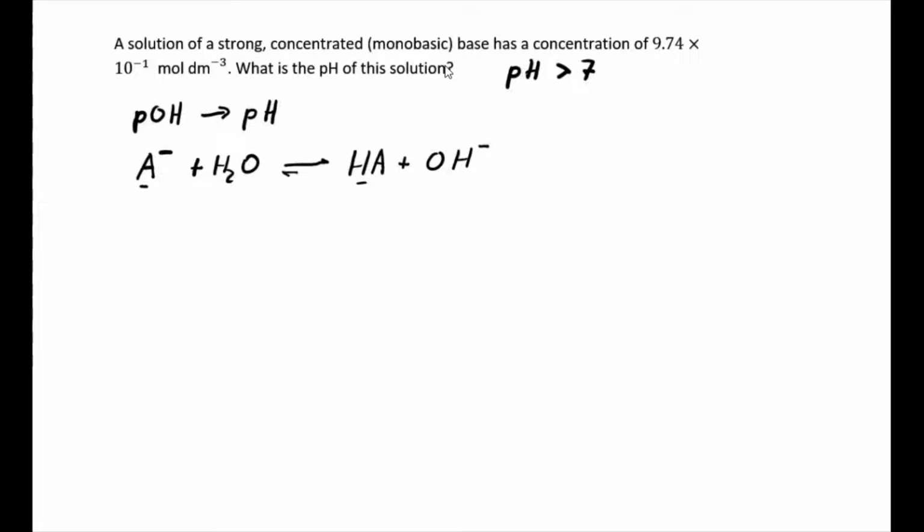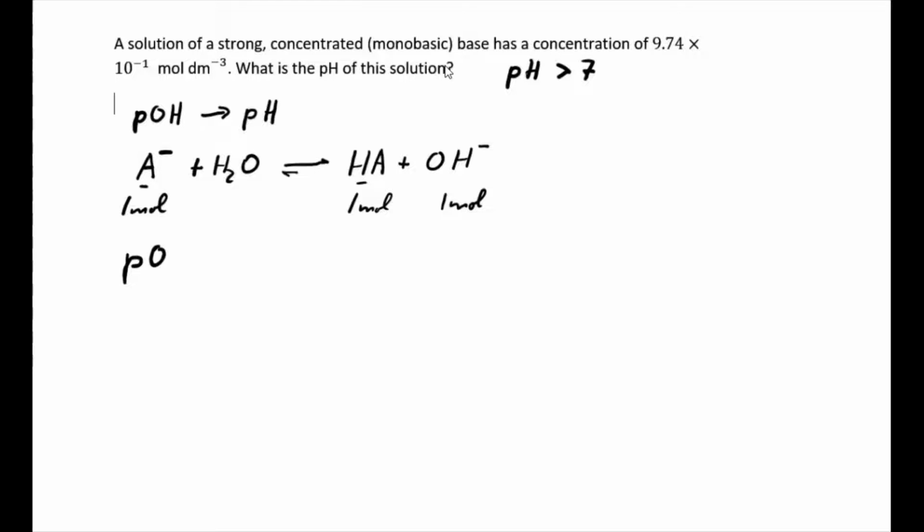Or in other words, if I have, for example, 1 mole of the base, I will get 1 mole of the conjugate acid and 1 mole of the hydroxide ions. And that is what we are going to use in this case.